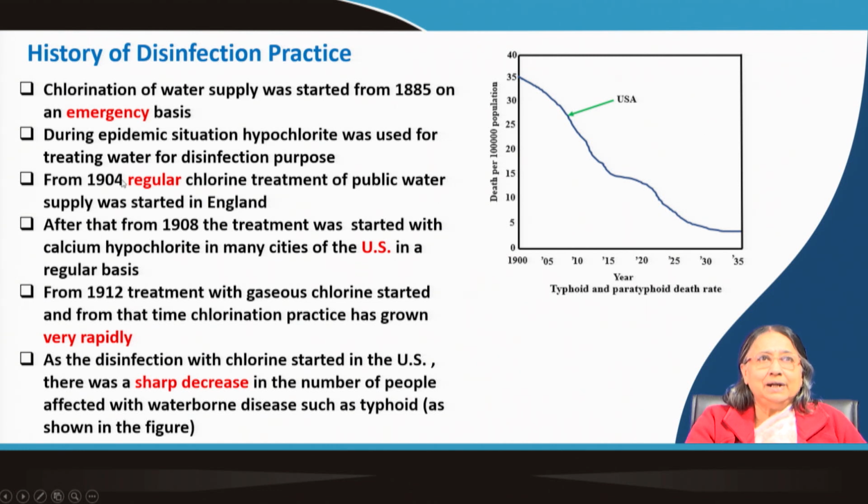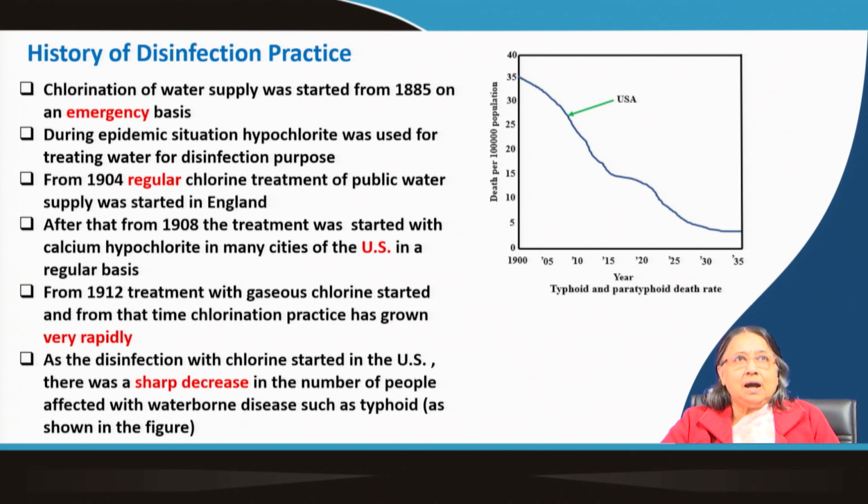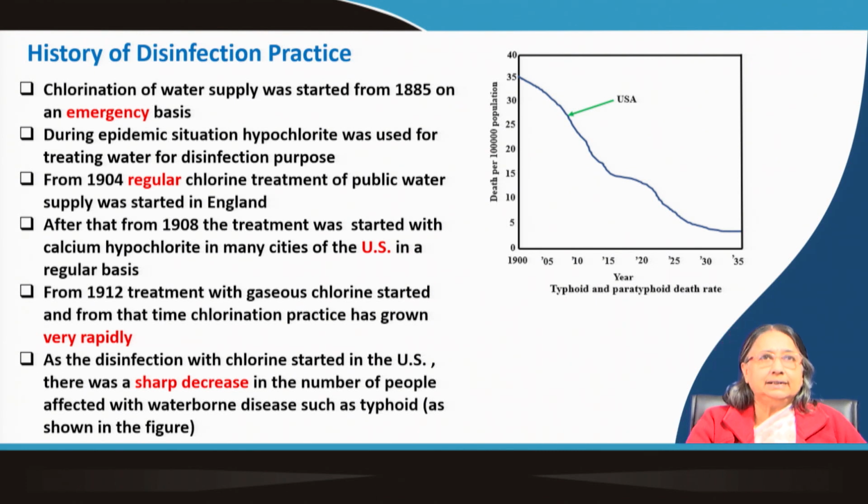From 1904, regular chlorine treatment of public water supply was started in England. So, it was no more on an emergency basis; regular treatment was started. After that, from 1908, treatment with calcium hypochlorite was started in many cities of the US on a regular basis.